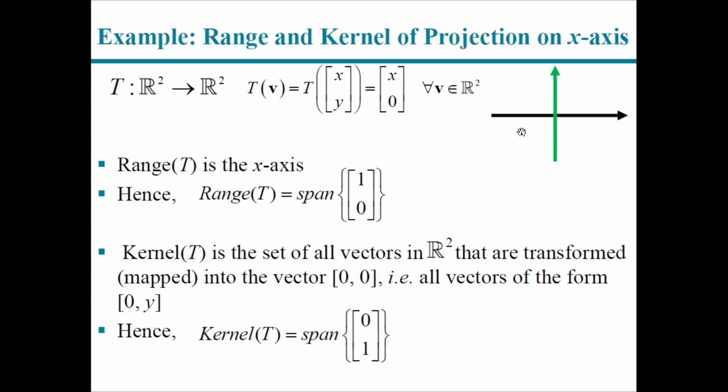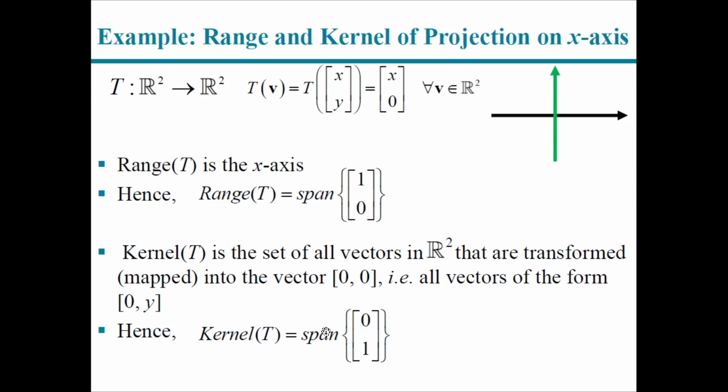Okay, fine. Now question, what about the null space or the kernel? Well, that's the set of all vectors in R2 that are mapped to vector (0, 0). The zero object of R2 is vector (0, 0). So who are the guys who are projected on vector (0, 0)? Everybody living on the y-axis. Those are vectors of the form (0, y).